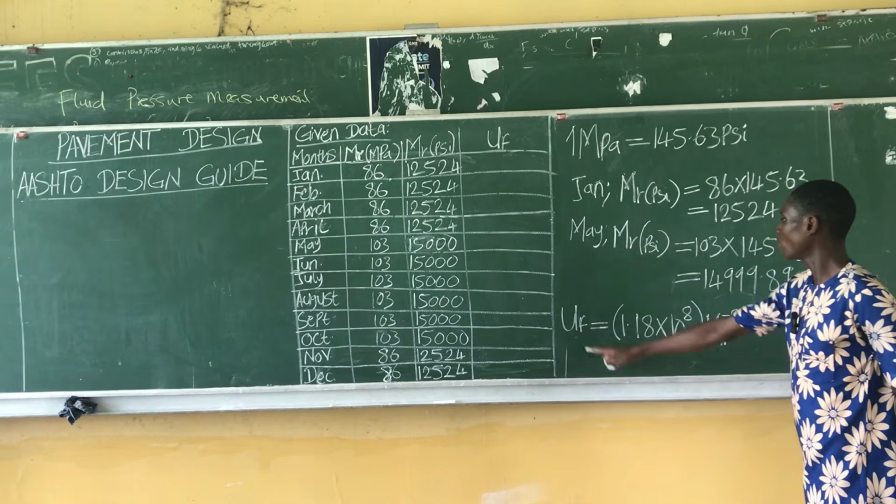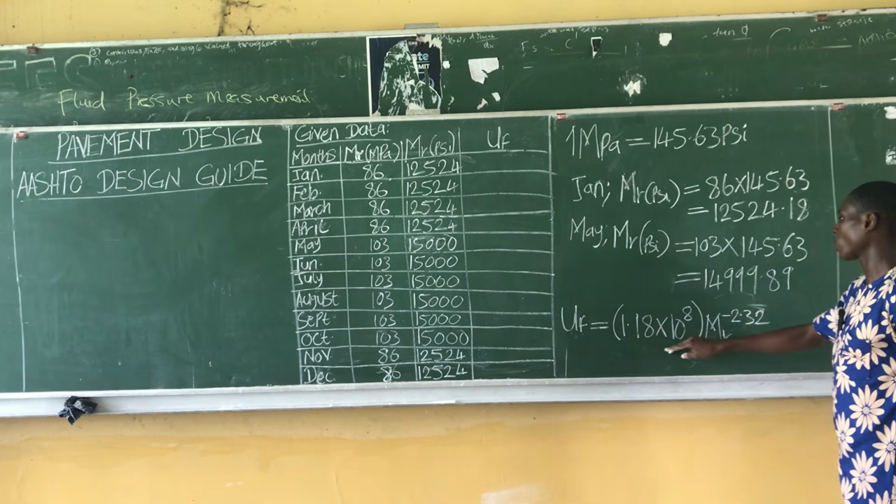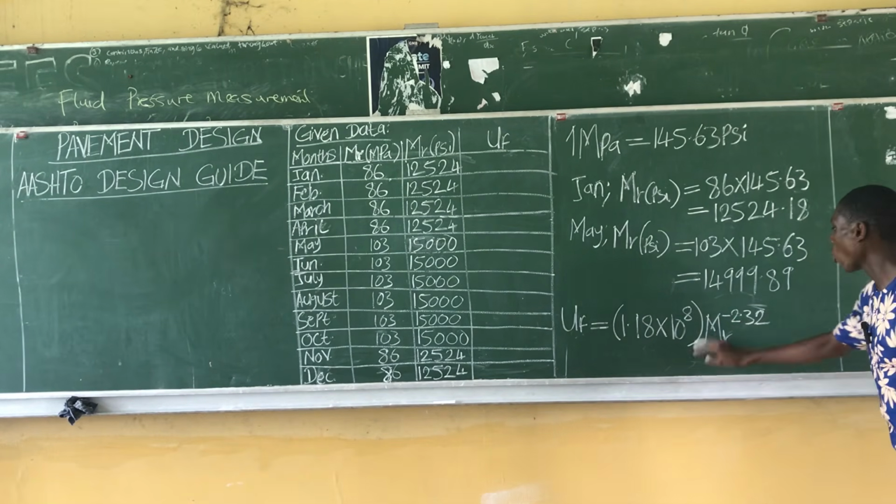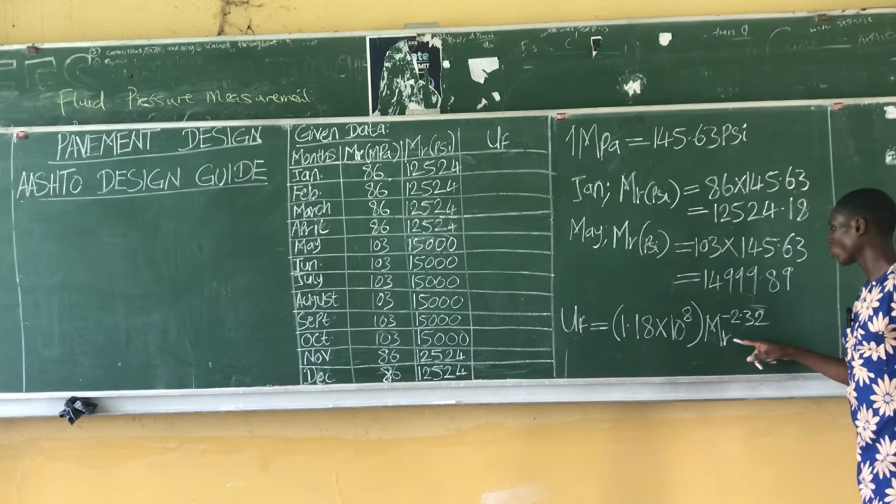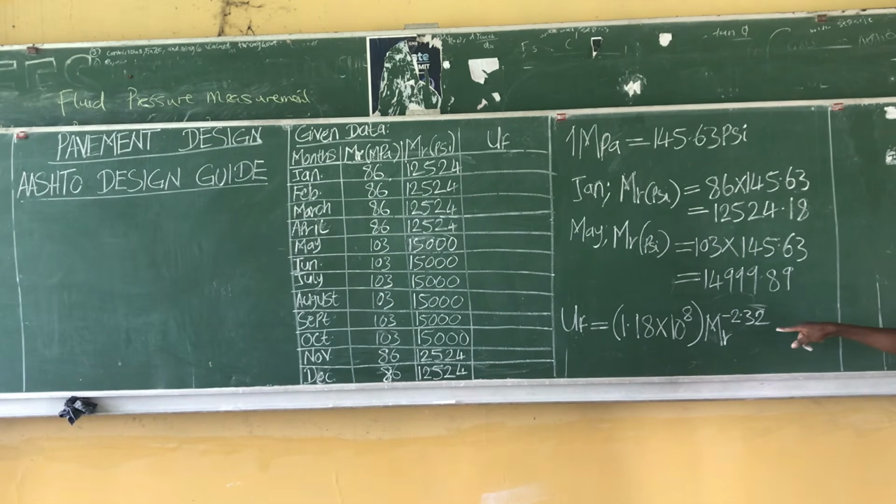Our relative damage factor is equal to 1.18 times 10 raised to the power 8, all multiplied by our resilient modulus raised to the power minus 2.23. This value was determined by AASHTO in 1993.